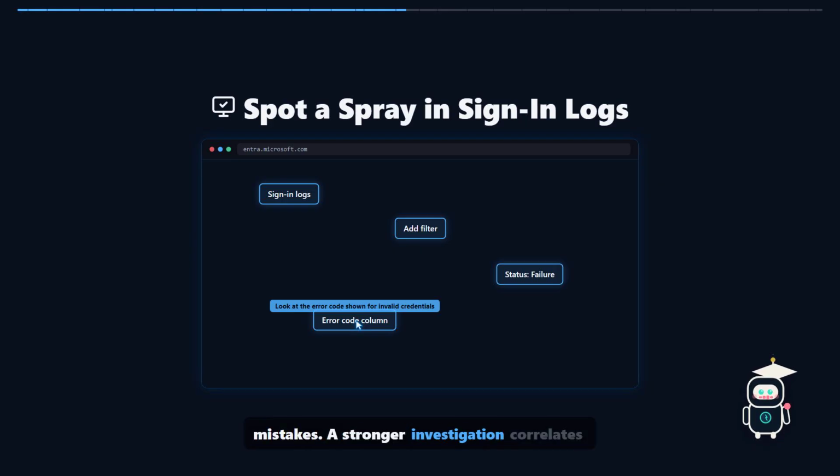A stronger investigation correlates several signals. Are many accounts affected? Is the timing unusual? Is the same source targeting unrelated users? Are there risky sign-ins, unfamiliar devices, unexpected locations, or successful sign-ins after the failures? Do password protection, identity protection, or detection tools raise related alerts?